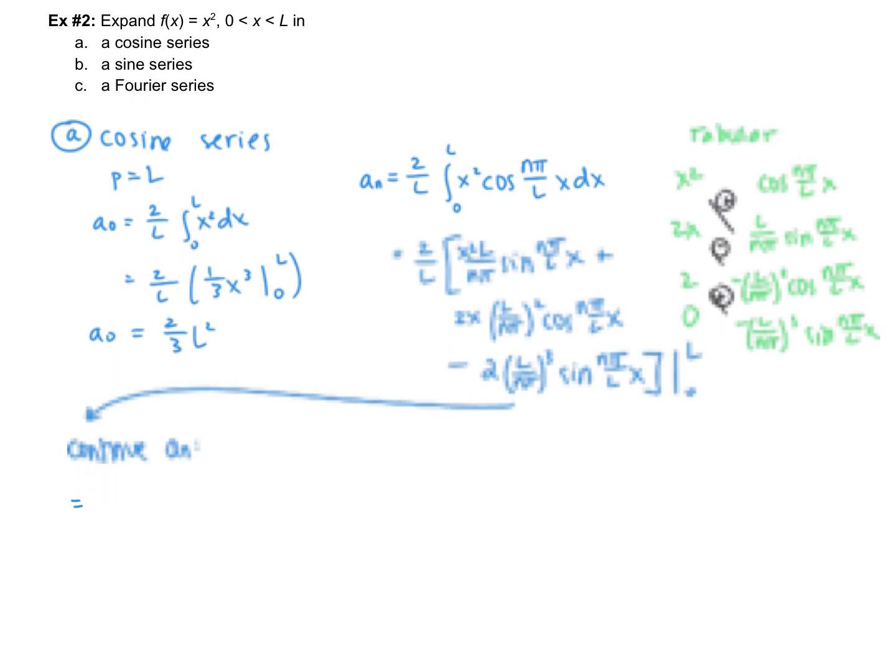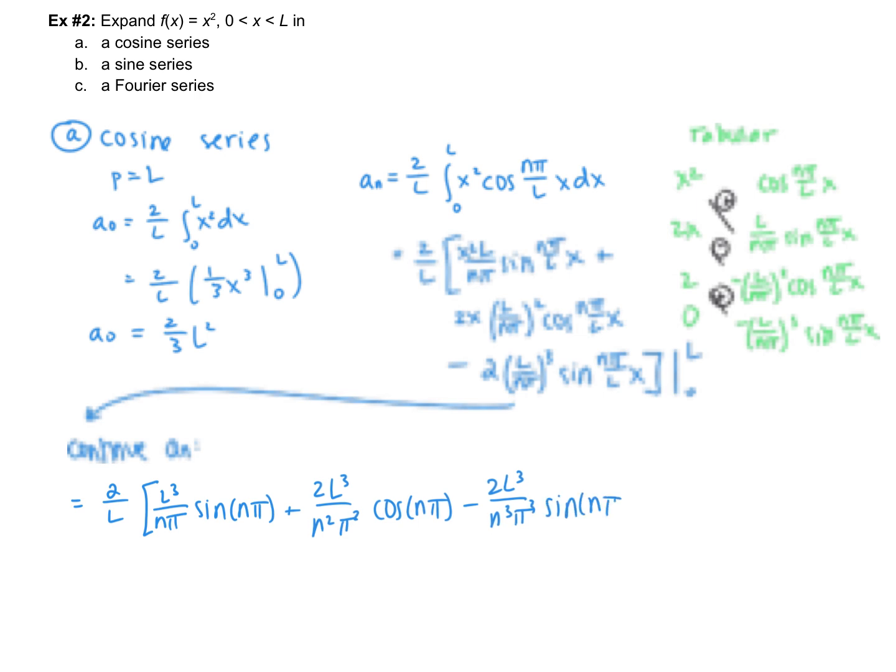When I substitute in L, I'm going to end up with L cubed over n pi sine of n pi, add 2L cubed over n squared pi squared cosine of n pi, subtract 2L cubed over n cubed pi cubed sine of n pi.